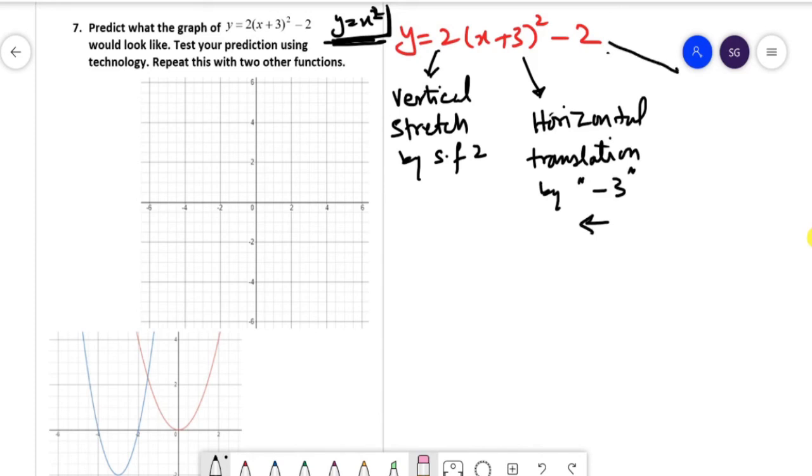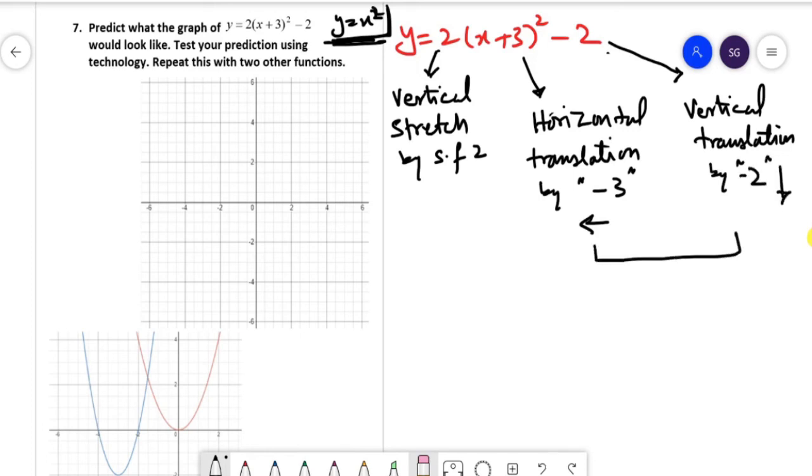And this 2 is responsible for the vertical translation, and that is done by how many units? 2 units down. So this is going 2 units downwards. And if we combine these two transformations in a single vector, you'll say that this is translation vector (negative 3, negative 2), and also a vertical stretch by scale factor 2.